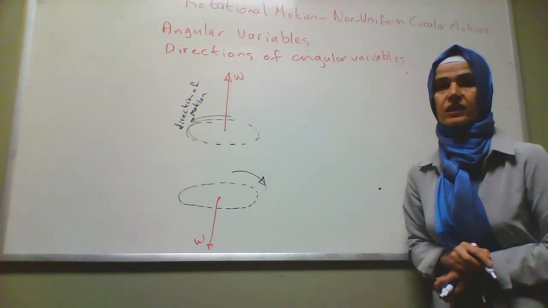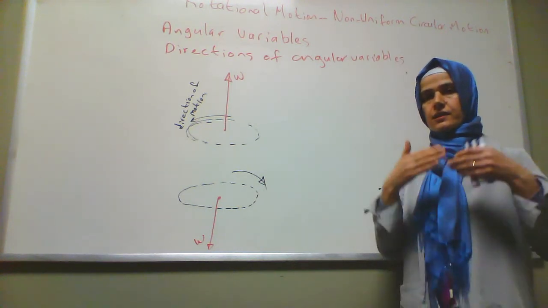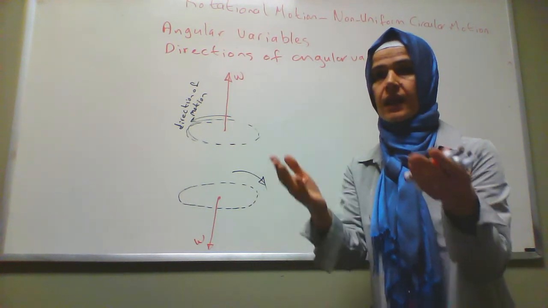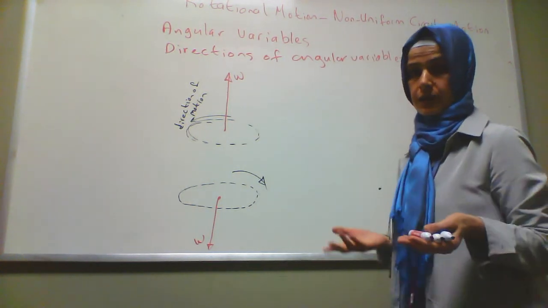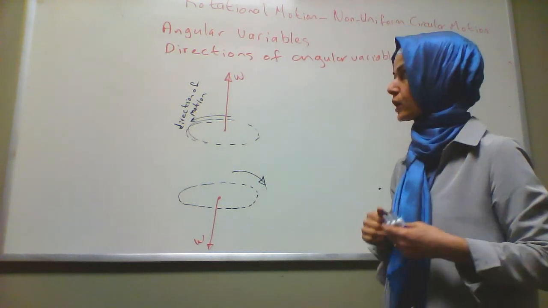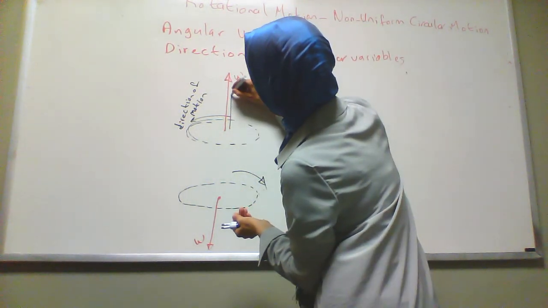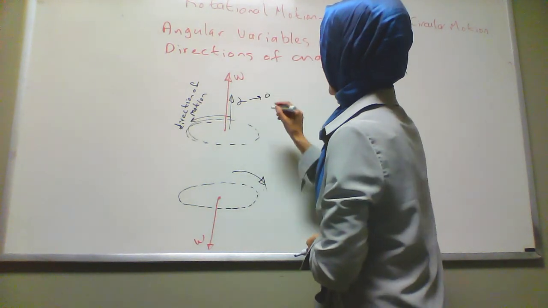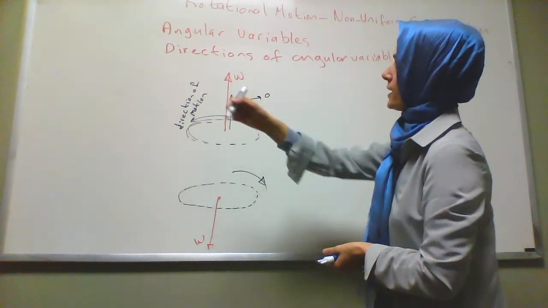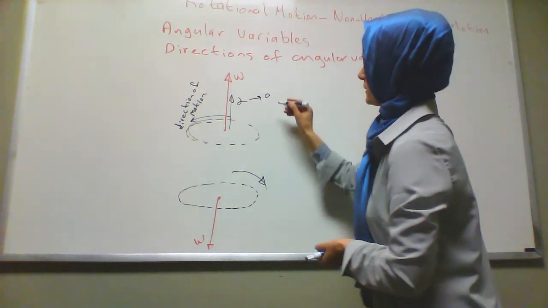For angular acceleration, similar to velocity, we said acceleration is in the same direction as velocity if an object is accelerating, and opposite to the direction of velocity if an object is decelerating. Same goes in here. Angular acceleration alpha will be in the same direction if the object is rotating and each unit time omega is increasing.